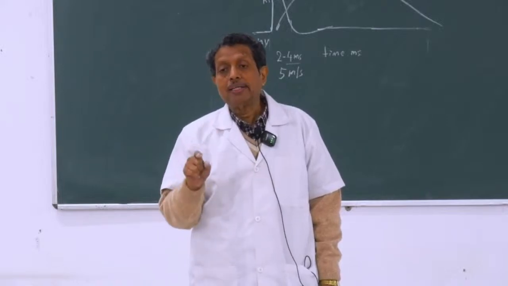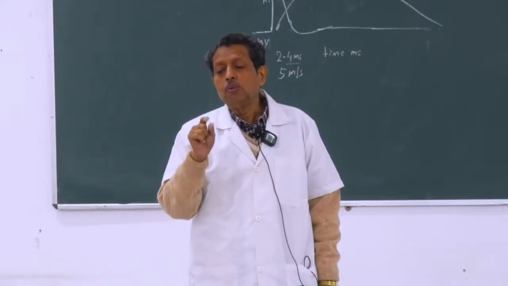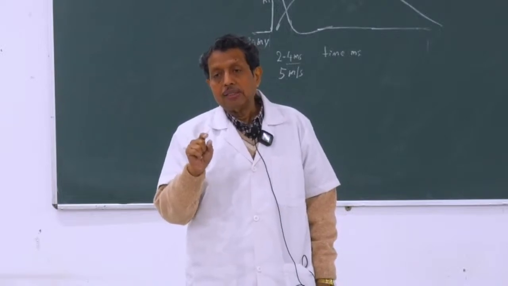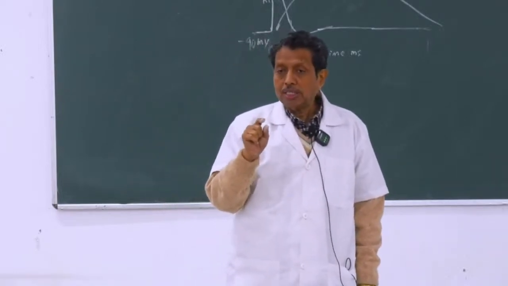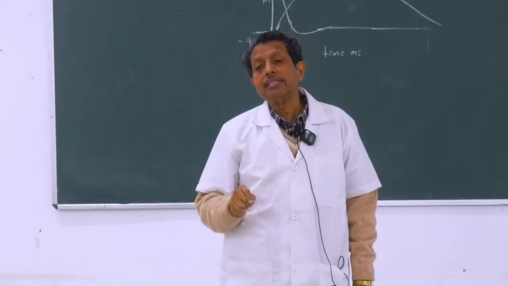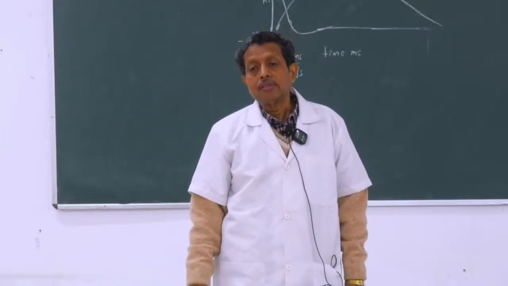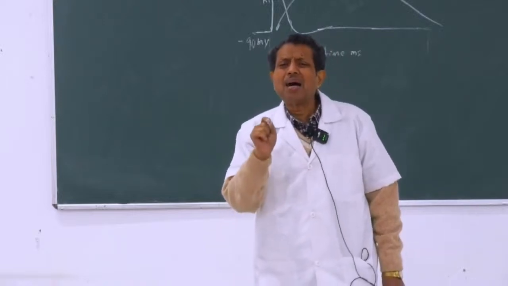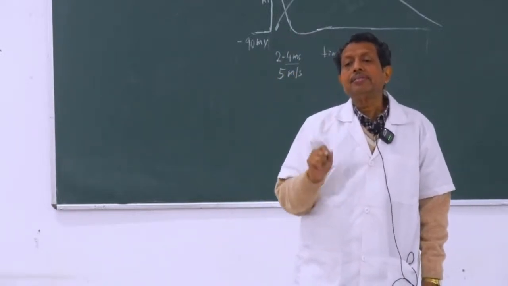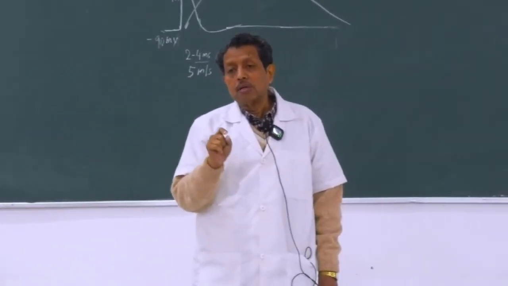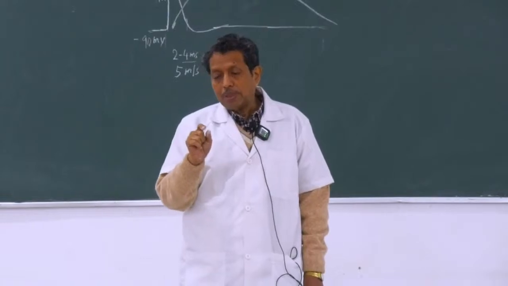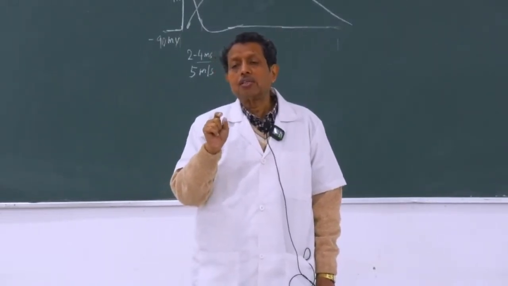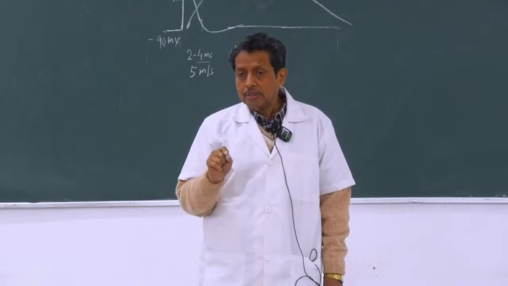In spite of that, if you stimulate a muscle with threshold or suprathreshold stimulus, initially there is some increment in the action potential, because there are some differences in the excitability of these muscle fibers, and their distances from the stimulating electrode may vary.